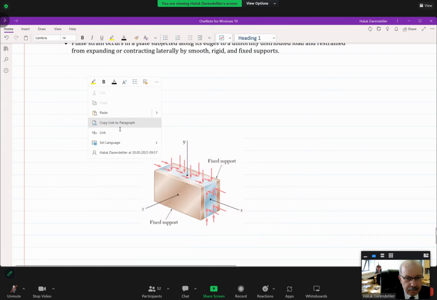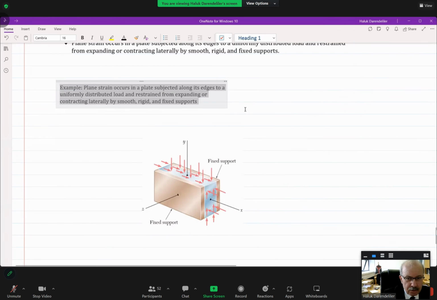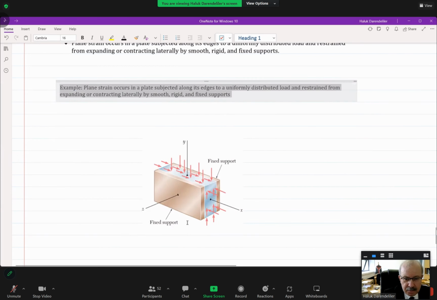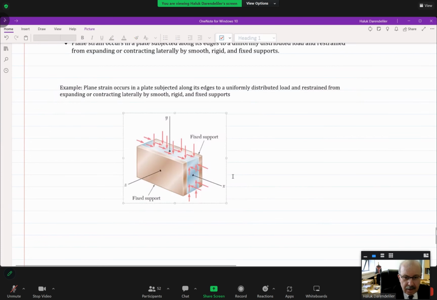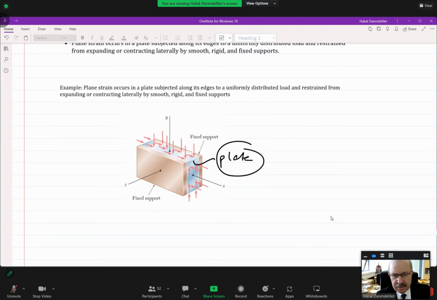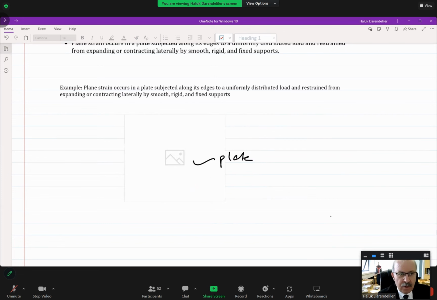Now, please look at this figure. This is an example of a plane strain problem. There are two fixed supports, and there is a plate within these fixed supports. Look, there is a plate here. Now, if you look at this plate, the loading on this plate is the same on all planes parallel to the XY planes.